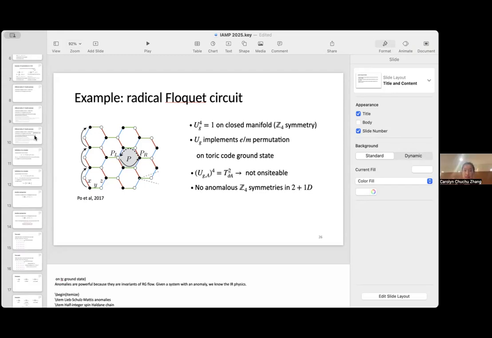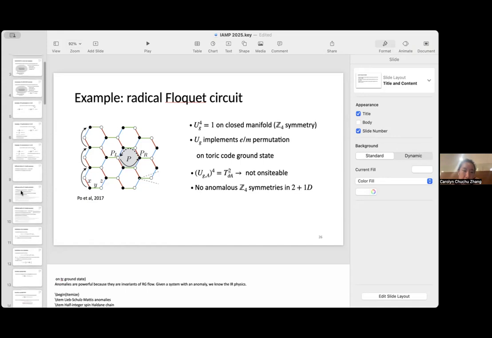And in this case, people often associate anomaly with an obstruction to dynamical gauging. Because intuitively, allowing the fluctuations of the gauge field would allow you to do local symmetry transformations that would be inconsistent with each other because of these extra phases that you have when you have an anomaly of the usual sense.